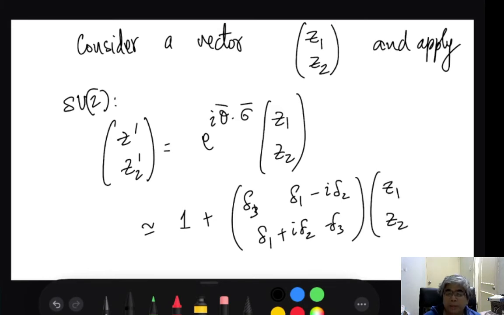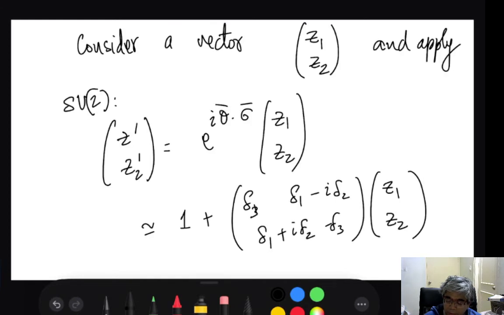The unit transformation doesn't do anything, it just keeps this one. Let me expand this again and do the summation.